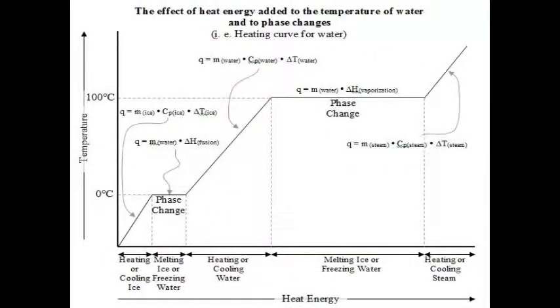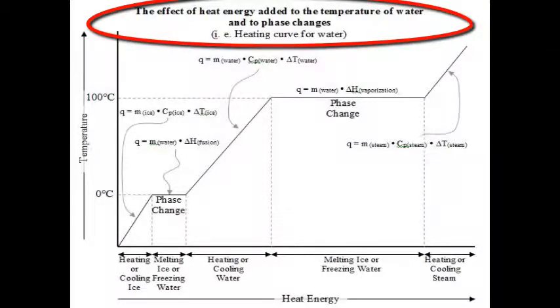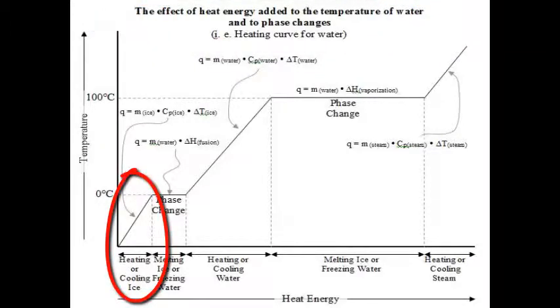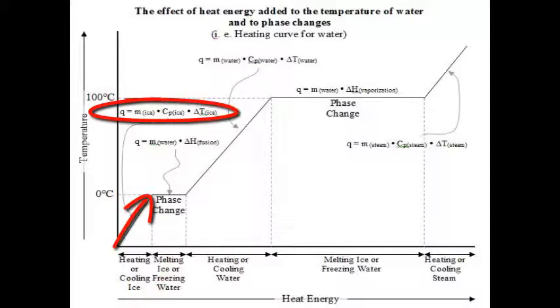Okay, so this is a graph. What we're looking at is the effect of heat energy added to water, starting with water in the form of a solid, ice, down here. And as the heat energy is continually added to that ice, this is showing what's happening to the temperature, and there are some additions in here that show you why it's happening that way.